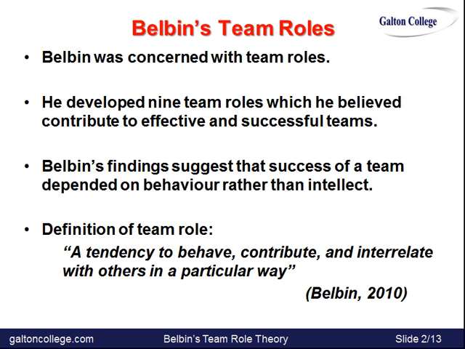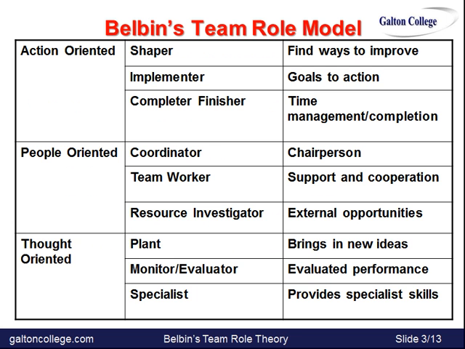And if we look at this in terms of a model, then we've got on the left hand side, I'll just put the cursor onto the screen. Here on the left hand side we have action orientated, people orientated, and thought orientated. So we have different types of people. The action orientated is broken up into 3 parts and 3 types of team member: a shaper, an implementer, and a completer finisher.